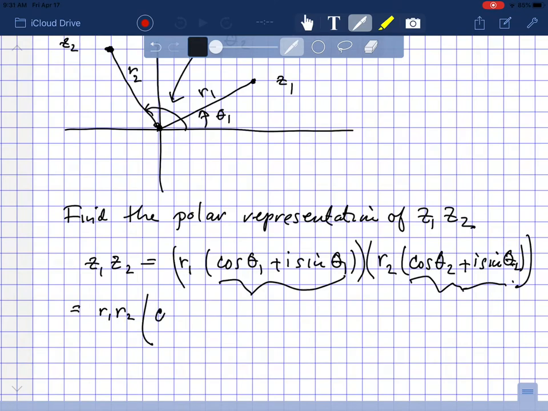That's going to give me the cosine of theta sub 1 times the cosine of theta sub 2, plus I times the sine of theta sub 1 times the cosine of theta sub 2, plus the cosine of theta sub 1 times I times the sine of theta sub 2.